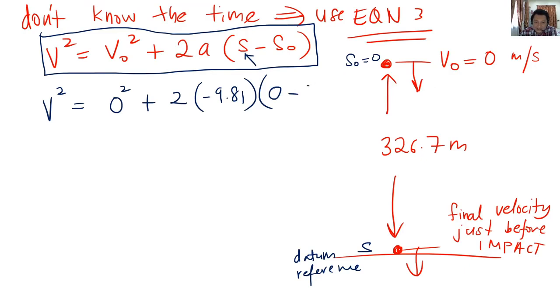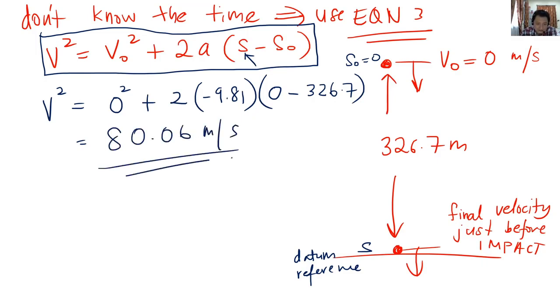Original height is 326.7. So this one becomes 0. So what does this become? 2 times 9.81 times 326.7, it becomes positive. Square root. So you're going to get velocity equal to 80.06 meters per second.